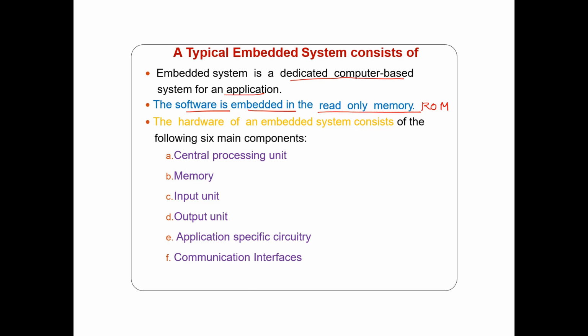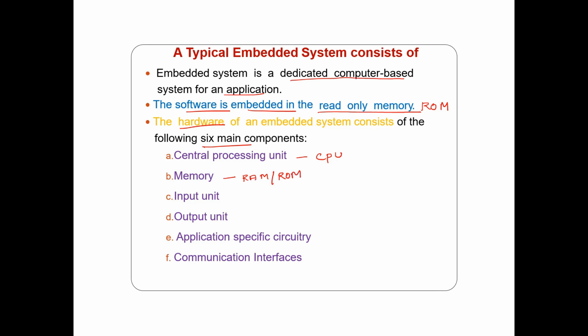Apart from that, when you look at this embedded system, the hardware consists of 6 main components. The first one is the CPU, the central processing unit. Then you can see the memory, which can be RAM or ROM.